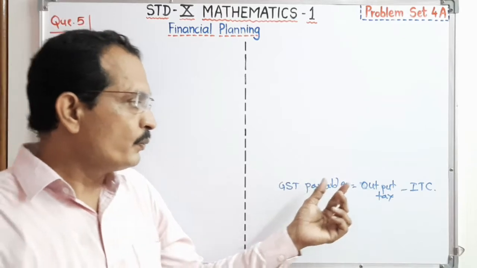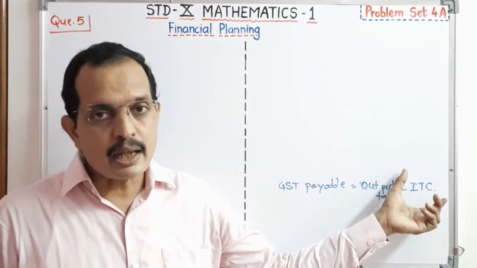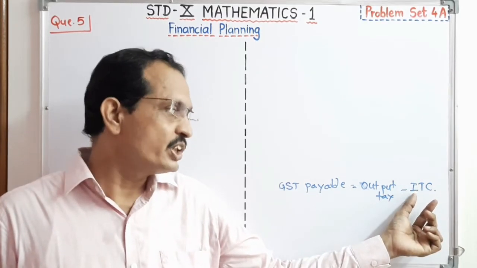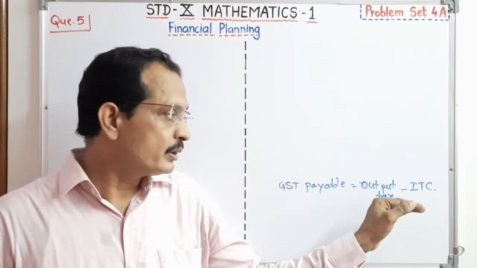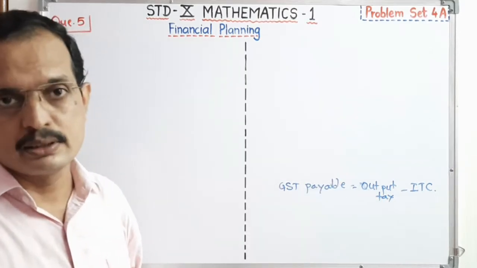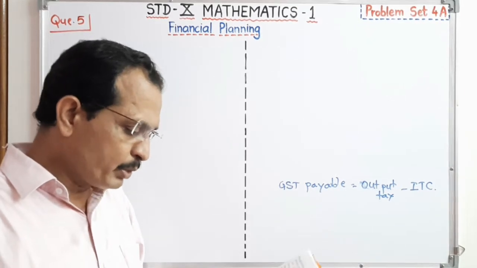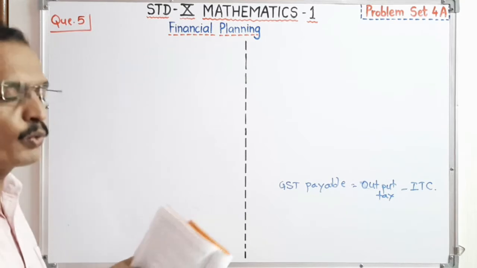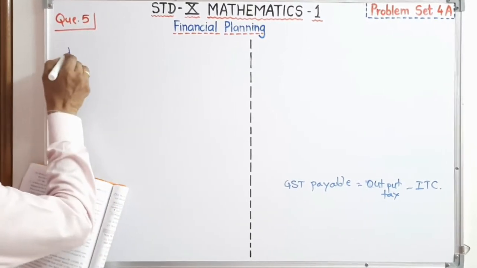Now I have already explained when to find out ITC and when to find out output tax. Dear student, when we purchase any object, at the time of purchase the GST is ITC, and when we sell that, then at the time of selling there is output tax. Therefore see the trading here. Srimati Malhotra purchased a solar panel for taxable value of rupees 85,000. Purchase, that is taxable value.